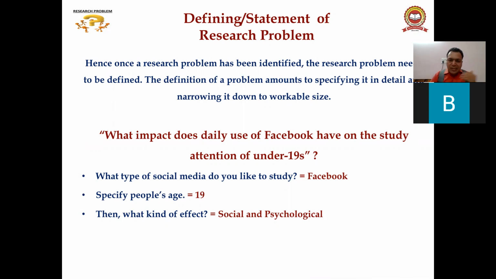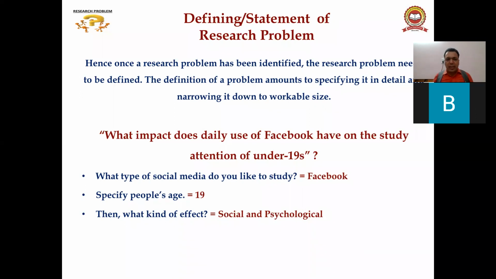Defining it is also a systematic step, because what is research? Research is a systematic activity towards the solution of a particular problem. So under the heading and subheading of defining or statement of a research problem, you have to define.